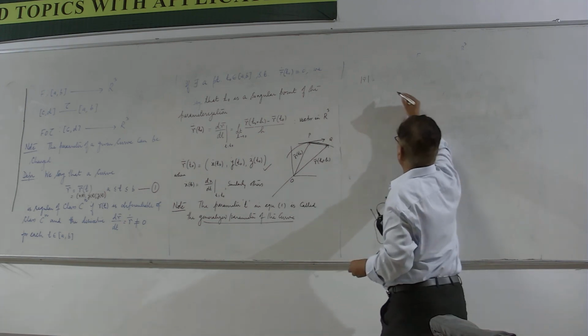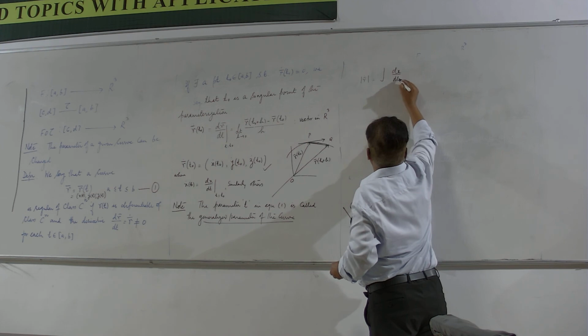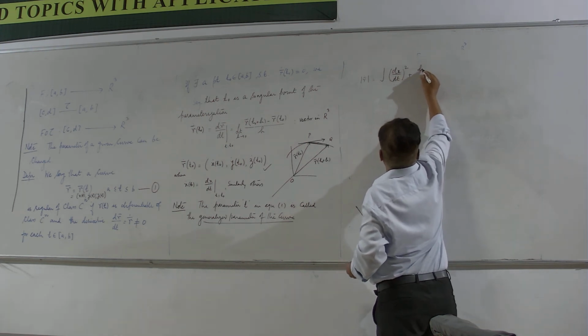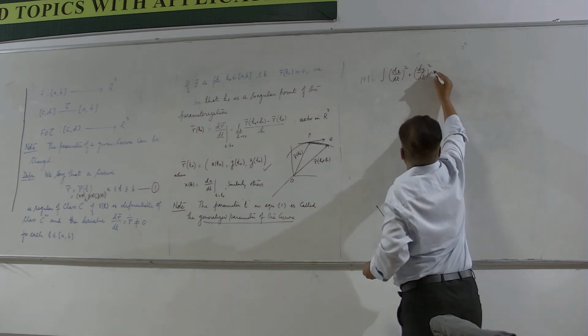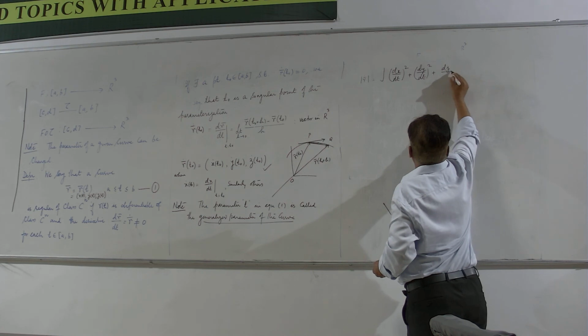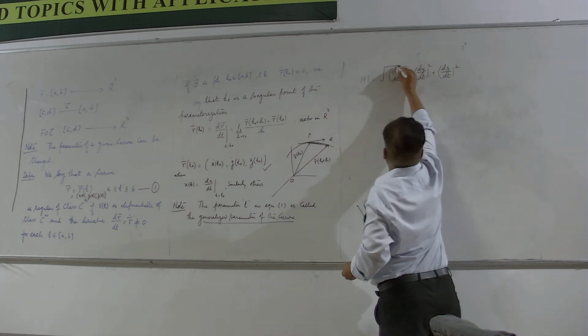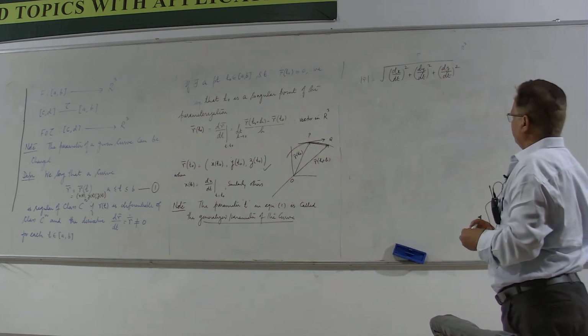So it will be the square root of (dx upon dt) whole square, I am taking this derivative at an arbitrary point, plus (dy upon dt) whole square plus (dz upon dt) whole square. This will be the modulus of the vector.